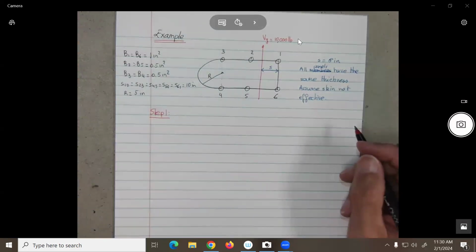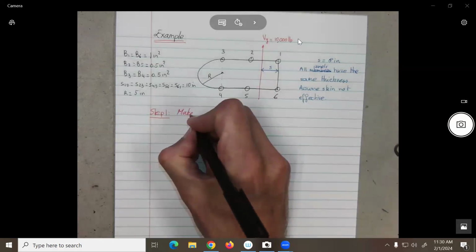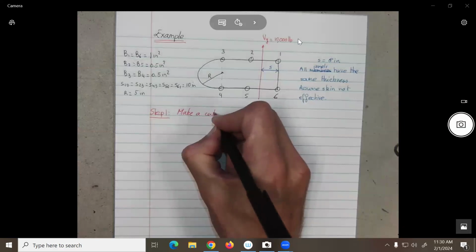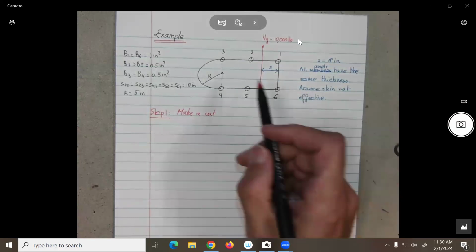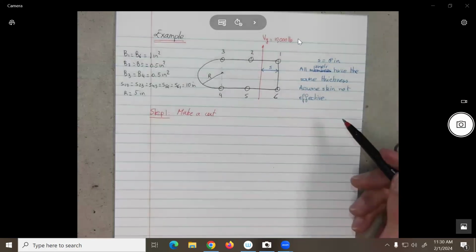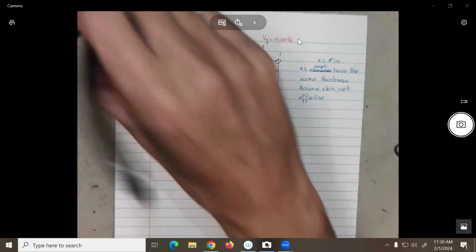Make them flat. Why do we need to make a cut? What was the reason? Correct. So you need to make a cut somewhere so you know the shear flow where to stop.